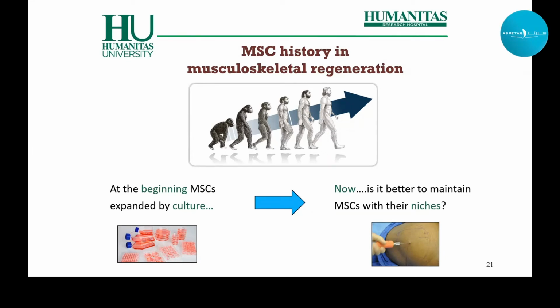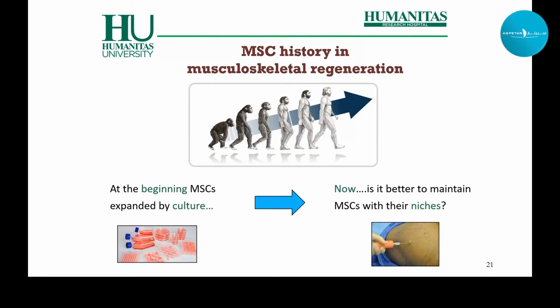So what happened? We started talking about expanded real mesenchymal stem cells, and now we are using cells which are just concentrates. So this is an evolution, but a lot of researchers are saying that probably these cell preparations can be better than expanded cells.